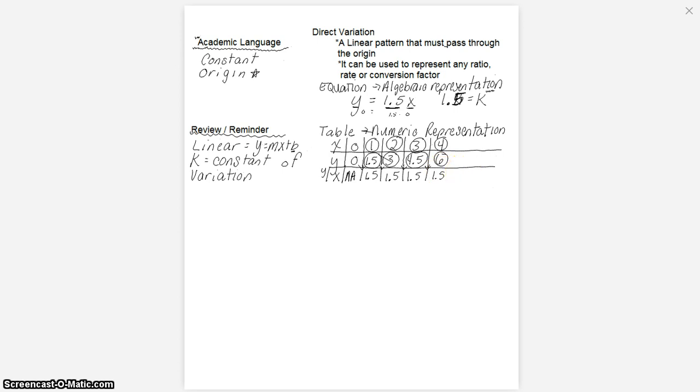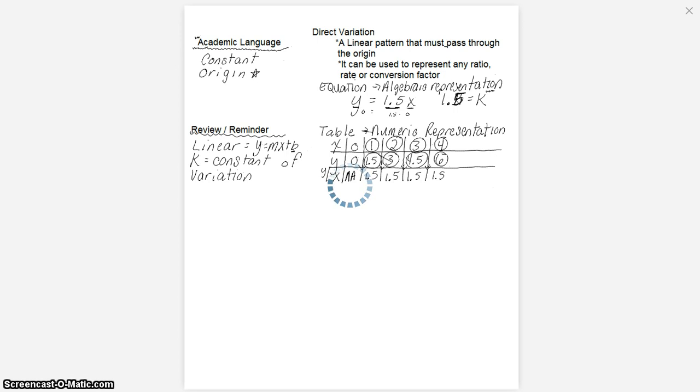What we're doing is kind of undoing the table that we just made. But this is really important because this is how you can tell if a table represents a direct variation. You can take that y value, divide it by the x value, and if you always get the same number, that's going to give you your direct variation.